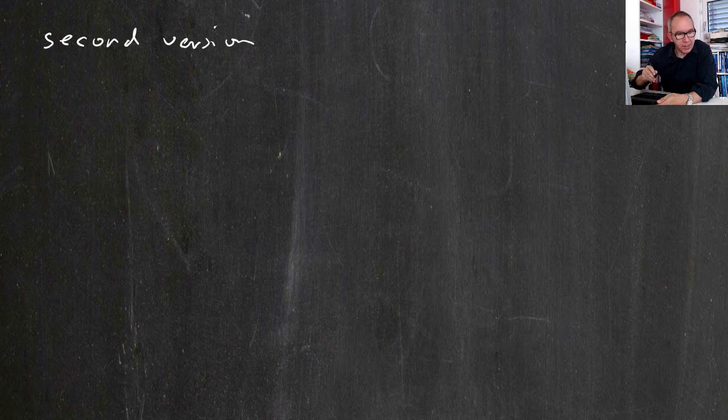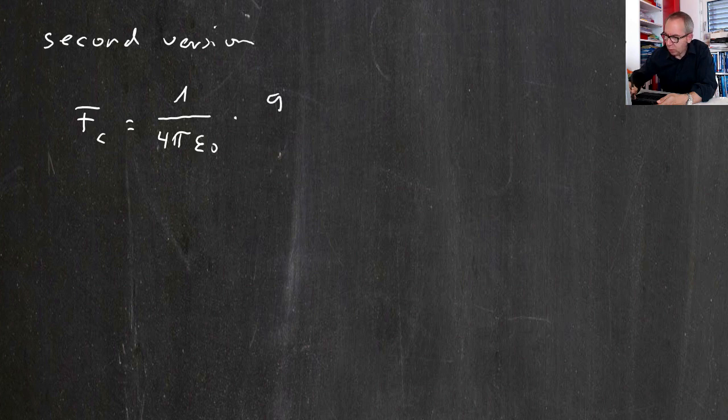You find this version to be Fc, for Coulomb, equals 1 over 4 times pi times epsilon 0, times q1 times q2 over r squared.